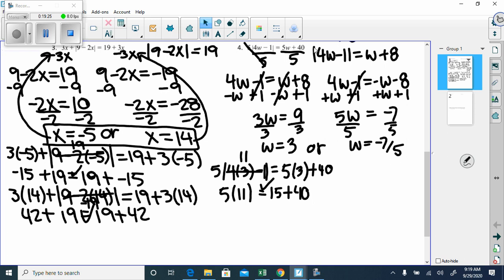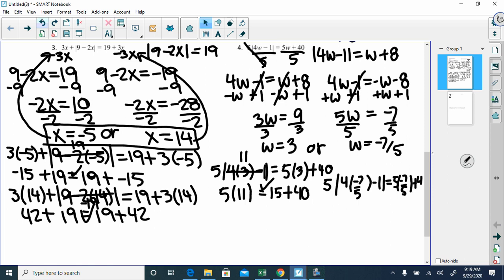Now I'm going to do the same thing with the negative 7/5. So I'll have 5 times the absolute value of 4 times negative 7/5 minus 1 is equal to 5 times negative 7/5 plus 40.